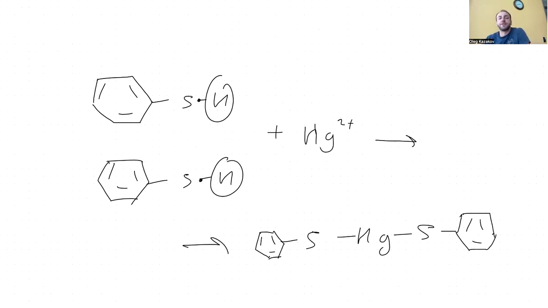So maybe instead of phenyl here, you will have just, say, ethyl. In this case, you are going to have one piece, which will be phenyl, sulfur, Hg, and the other piece will be sulfur, and instead of phenyl, if you have ethyl, then this phenyl will be switched to ethyl as well. So we can show it real quick for practice purposes.